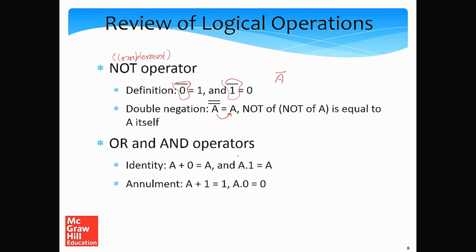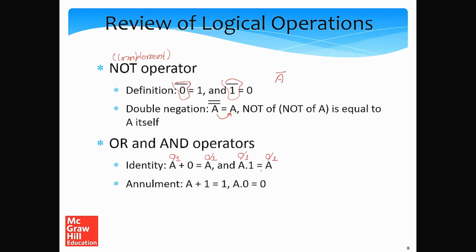The property of identity is like this: A OR 0 is equal to A. This is very easy to verify. If A is equal to 0, then the output here is 0. If A is equal to 1, then the output here is 1. Similarly, we can verify the same property for the AND operator. If A is 0, 0 AND 1 is 0. If A is 1, 1 AND 1 is 1.